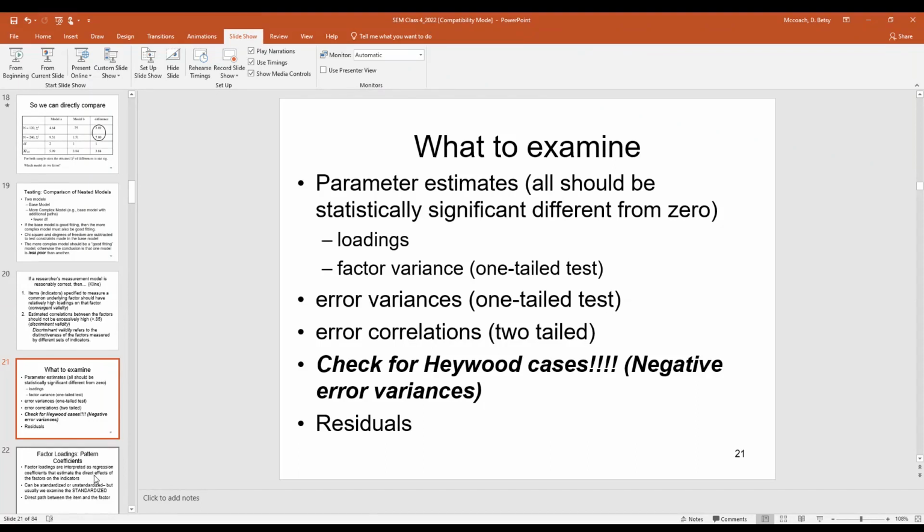If the correlation between two factors is higher than one, that's also not possible, because correlations have to be between -1 and 1. So when you're running these models, these are things you absolutely want to look at in your output. If you see negative error variances, or correlations above 1, both are signs that something is awry, that something is problematic.